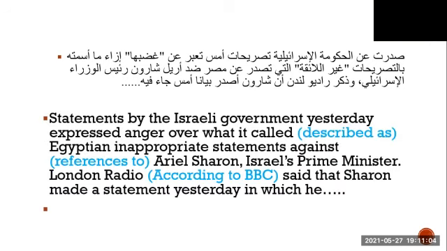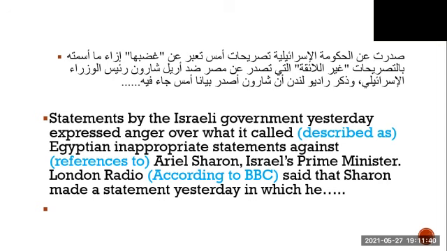Okay, here is the English. Statements by the Israeli government yesterday expressed anger over what it called Egyptian inappropriate statements against Ariel Sharon, Israel's prime minister. London Radio said that Sharon made a statement yesterday in which he, and then the rest of the statement.